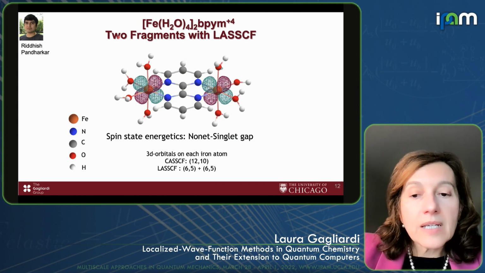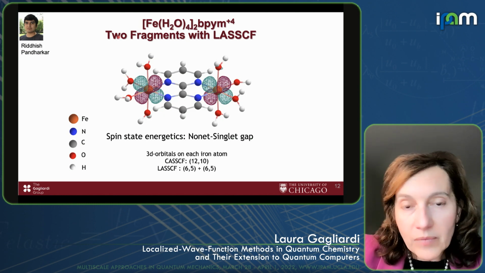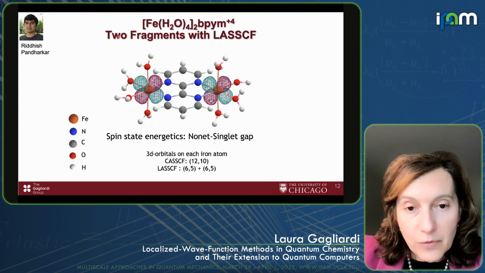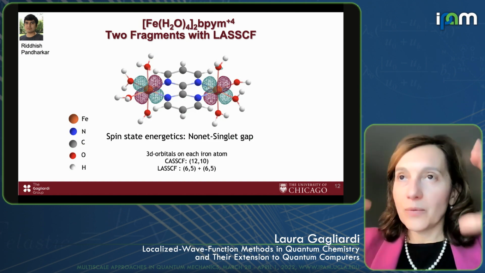Now, this is another system in which the method is reasonably successful. And this is really where we are moving forward. So let's say that you have a system with a series of transition metal centers. This is a prototype with only 2 of them.